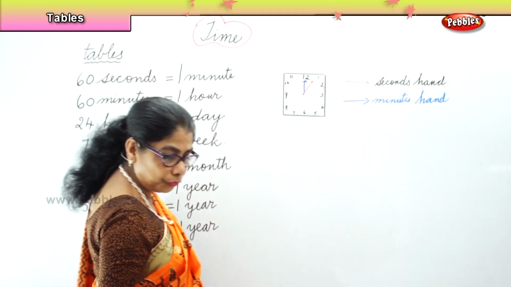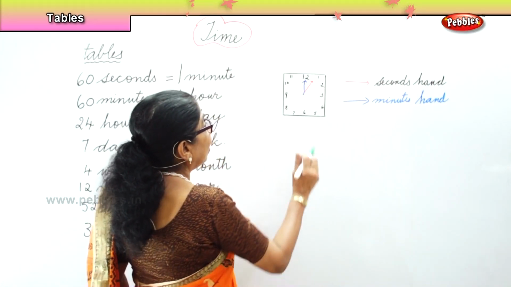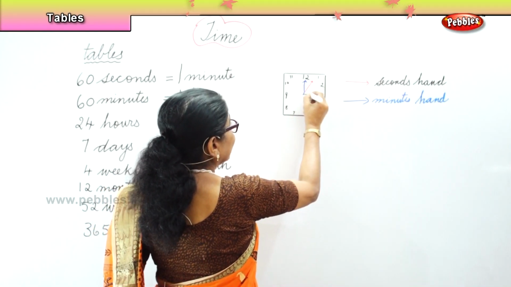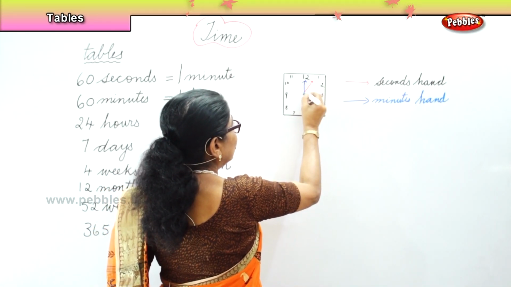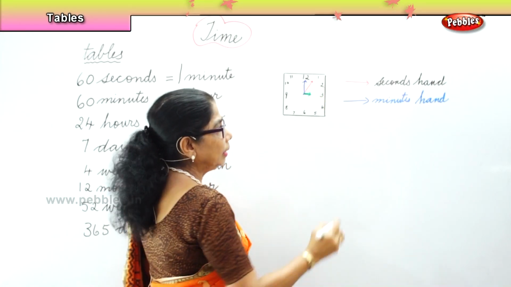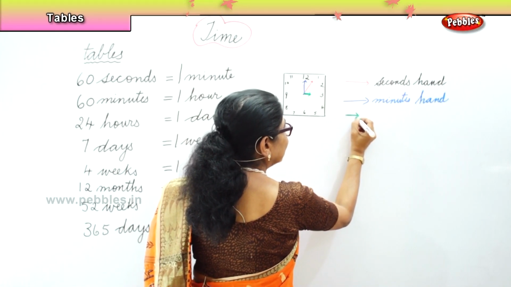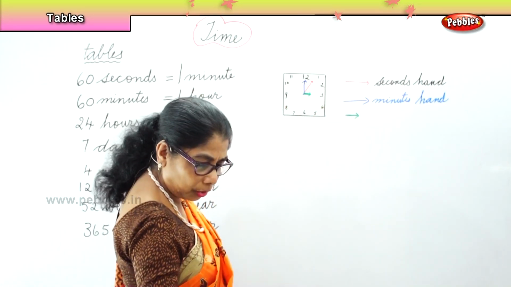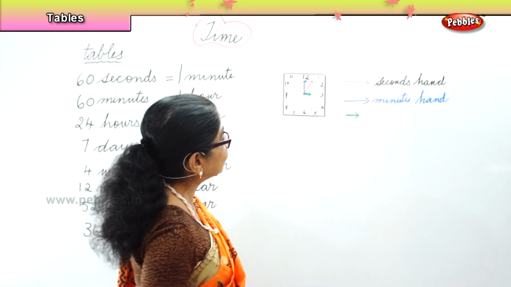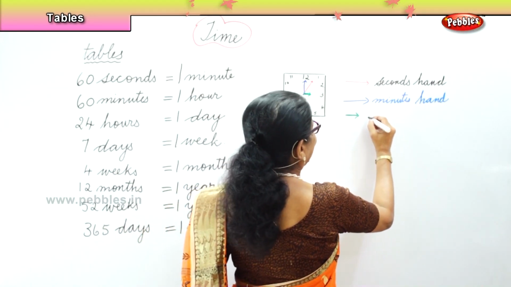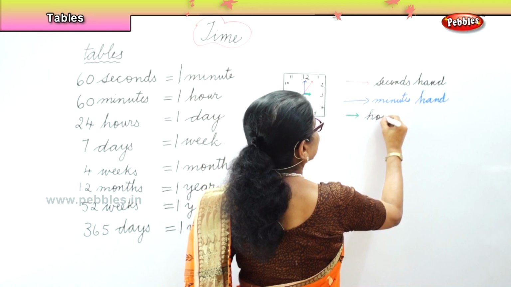Now I'm going to do the hour hand for you. The hour hand is always short. Now this is your hour hand. So here in this particular clock you have a seconds hand, minute hand and hour hand.